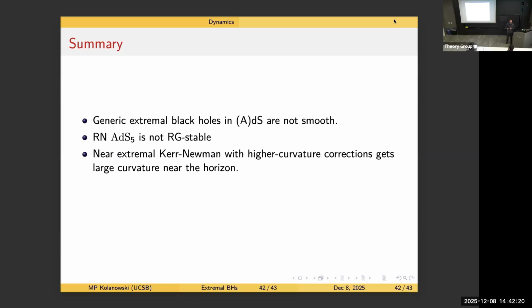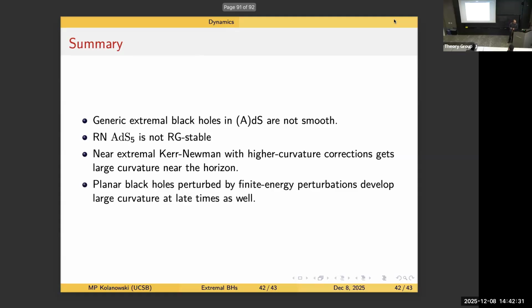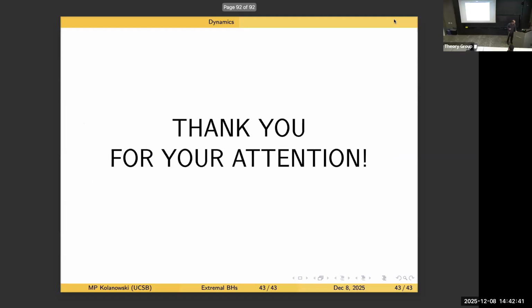If we look at Kerr-Newman with higher curvature corrections, the curvature becomes large close to the horizon, so your effective field theory breaks down there. And planar black holes, when you perturb them by finite energy perturbations, develop a large curvature lattice, if you want, at late times. Okay, that's all.